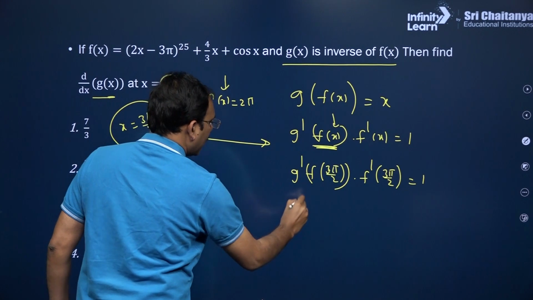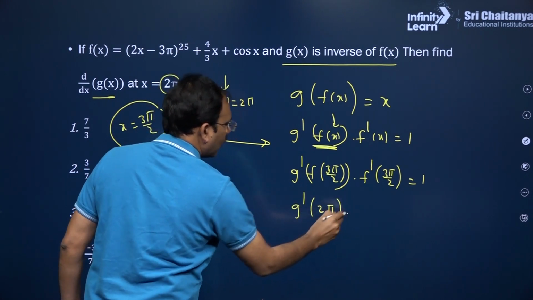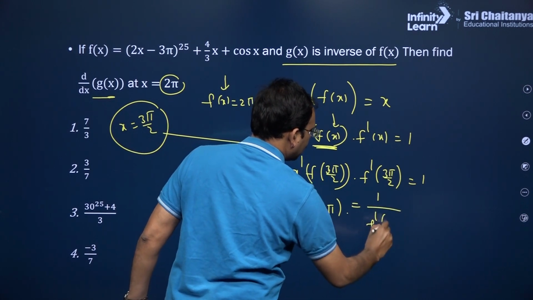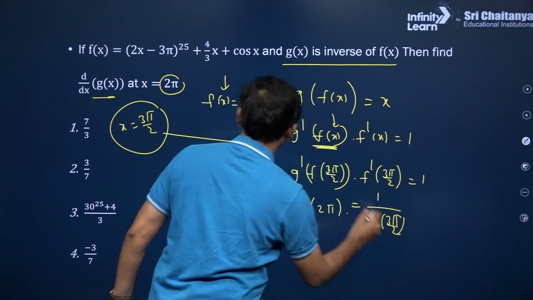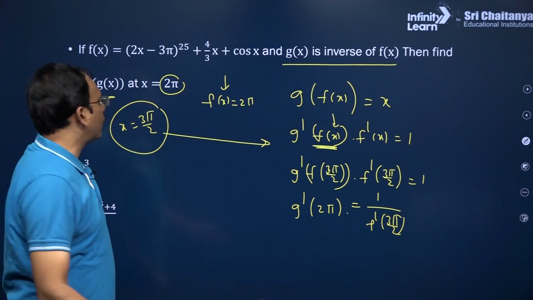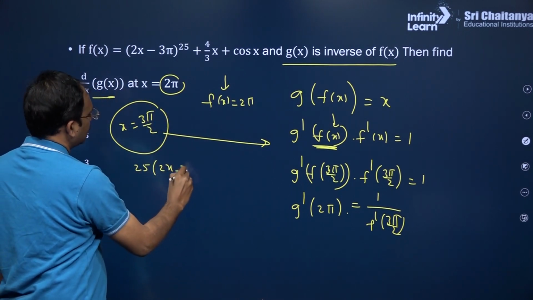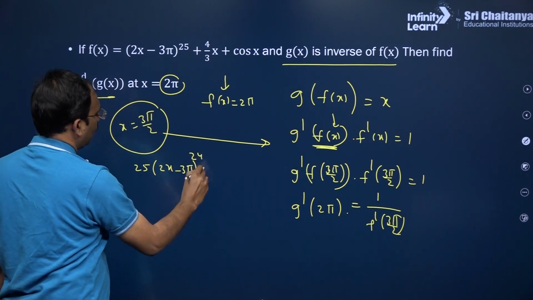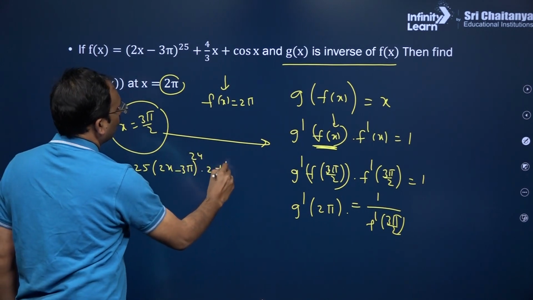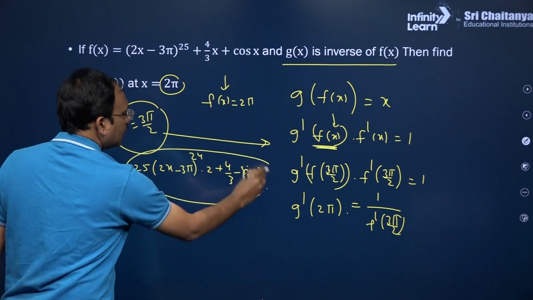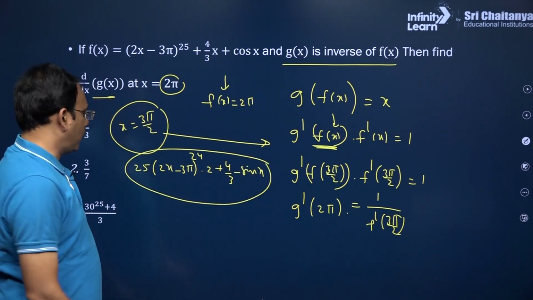Array, f of 3 pi by 2 is 2 pi, that's what I want. So what I need is, this is 1 by f dash of 3 pi by 2. Fine, you are having f of x, why don't you find f dash x? Its derivative is 25 into (2x minus 3 pi) whole power 24 into 2 plus 4 by 3, cos x derivative is minus sin x. In this you substitute 3 pi by 2, my dear friends.